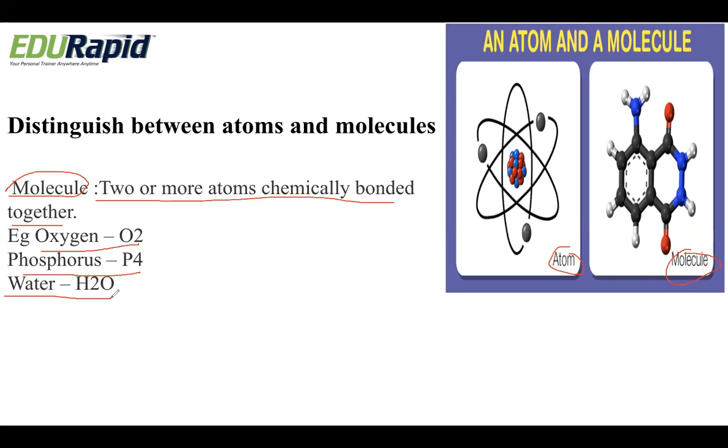Here 2 atoms of oxygen chemically bond together to form an O2 molecule, an oxygen molecule. And 4 phosphorus atoms combine together. It is not the case that only 2 atoms can combine. Here 4 phosphorus atoms combine to form a phosphorus molecule. Lastly, 2 hydrogen atoms combine with 1 oxygen atom to form a molecule, that is water.